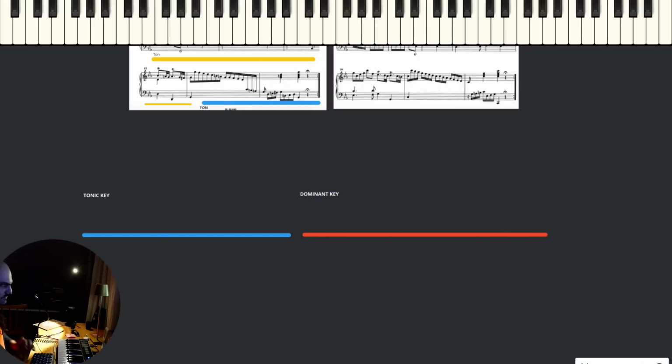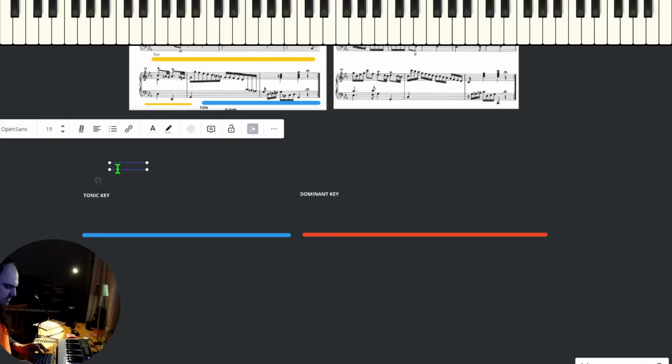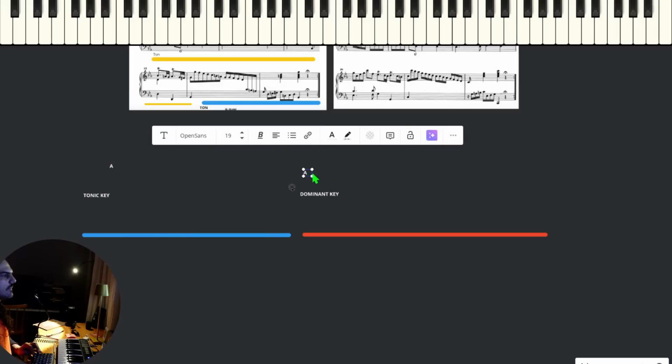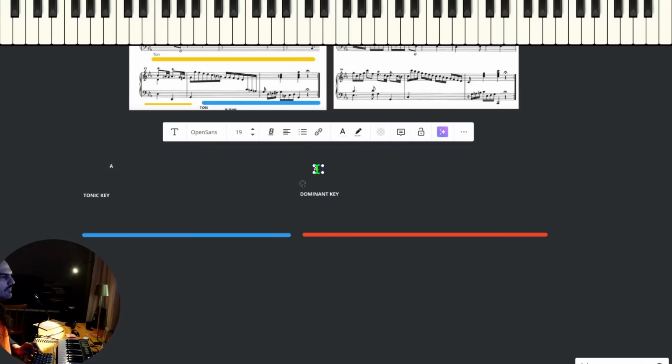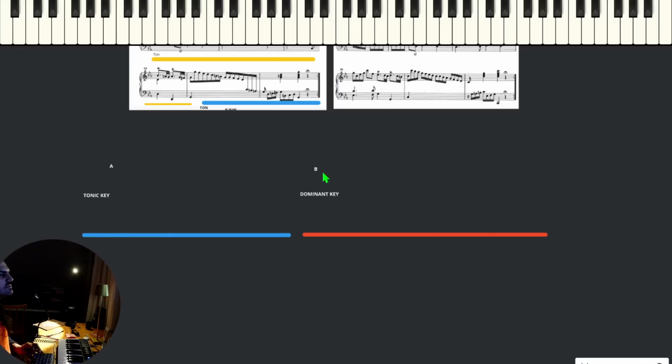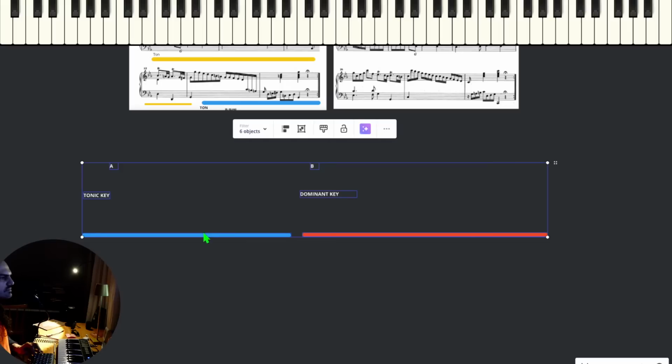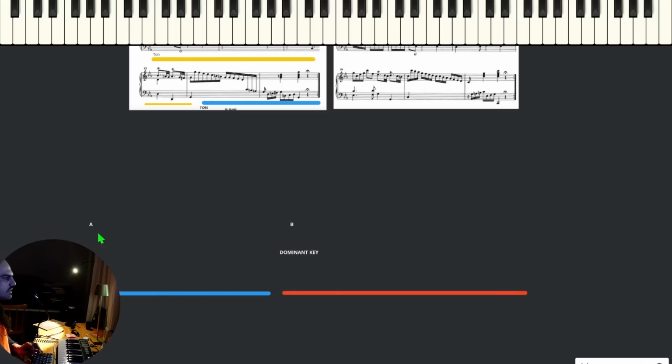And this corresponds to the A and B of this first section of the music.